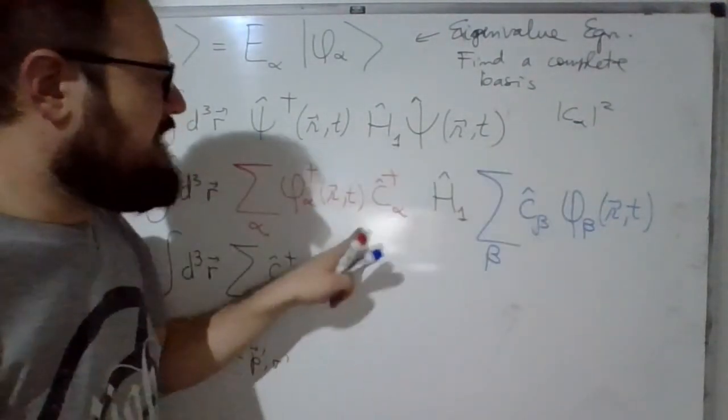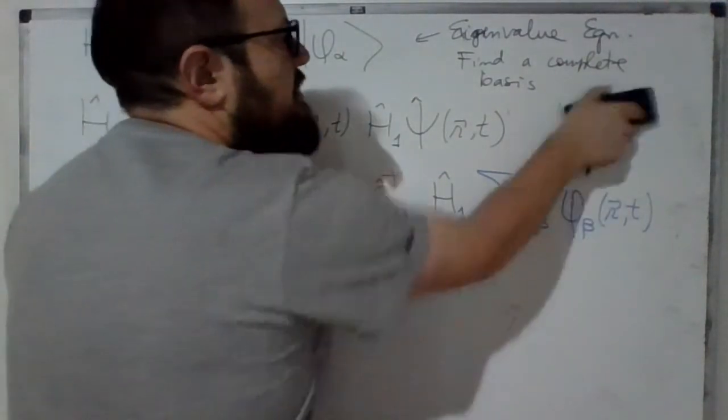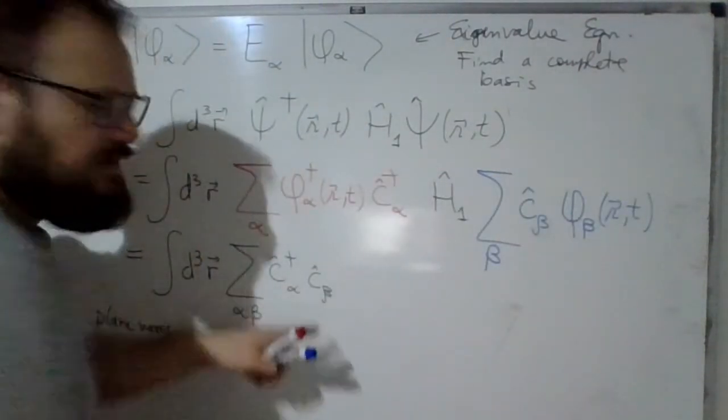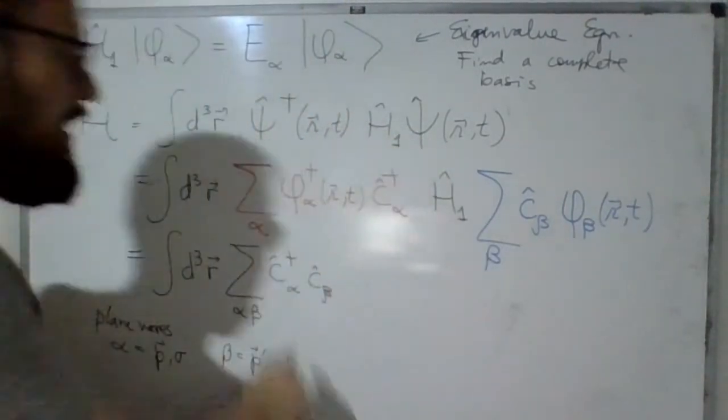In the second quantized version, they are operators. They are no longer probability amplitudes. They are operators which create a particle in a given state or annihilate a particle in a given state.